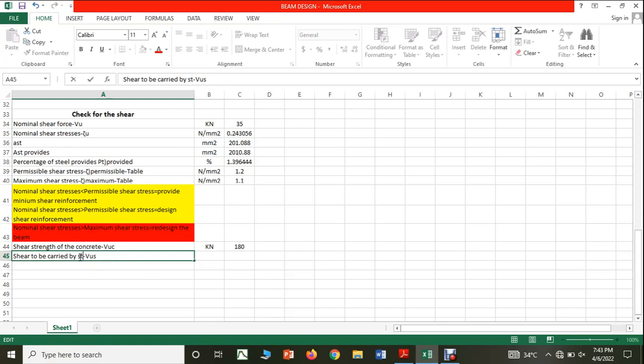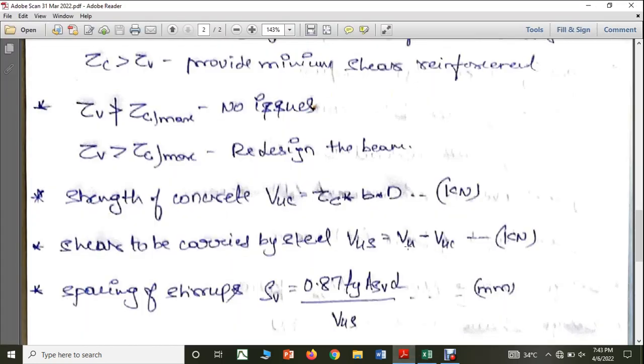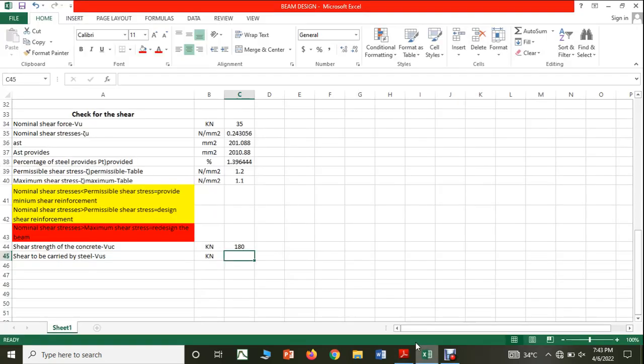That will also be in kilonewton, right? For that, VU you already know, and you subtract VUC. VU you have already calculated here, minus this VUC, that will give you this. So let us keep it as 200.